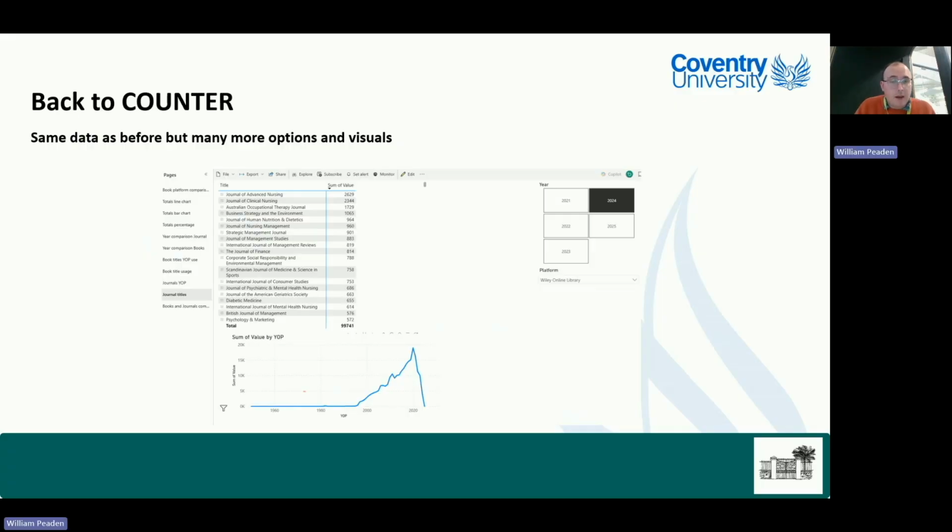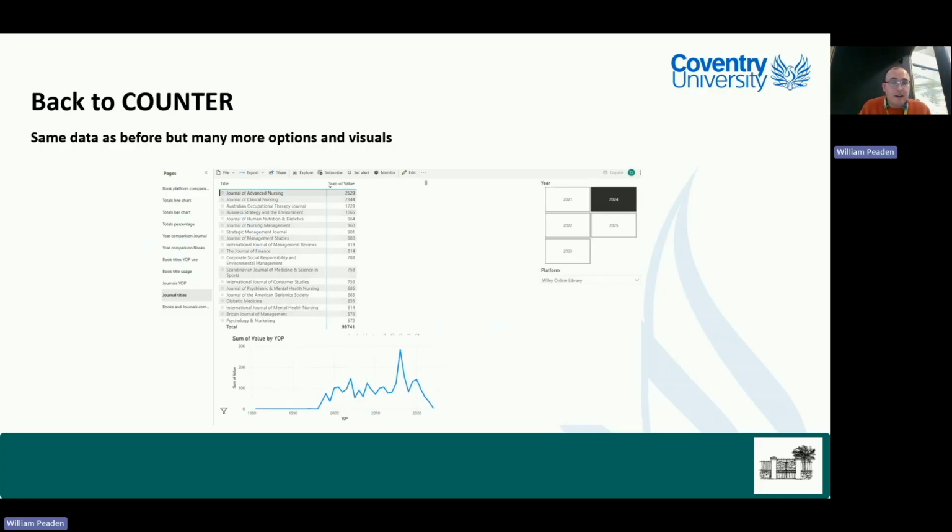Here's another way of viewing the year of publication data, this time by Wiley, and you've got some journal titles, so you can start looking at the journal titles. Again, this is interesting, it skews to the front list, which is what you might expect. But as you start to dig down into the journals themselves, here's Journal of Advanced Nursing, you actually see the usage is spread across the many years.